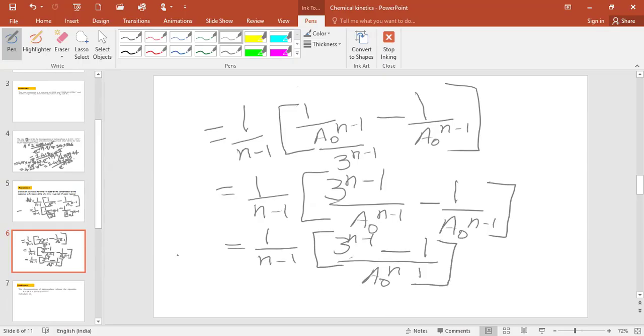This is one format of writing this equation, but you need only time, so you can go one more step.